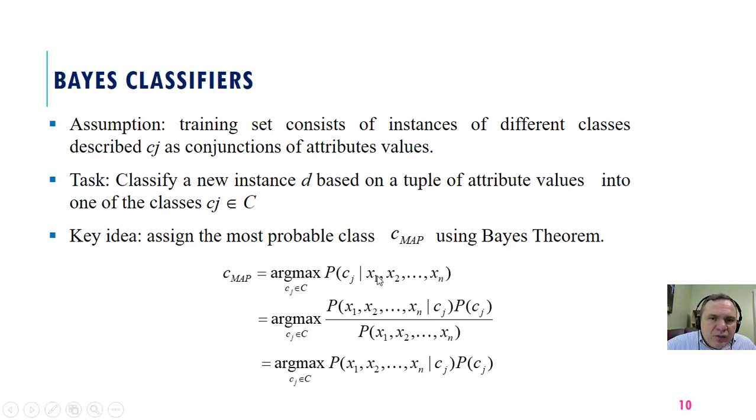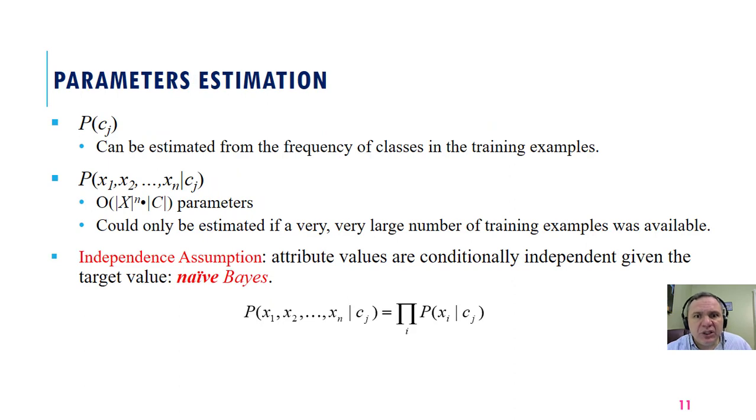This would require a huge amount of data to have enough representation of this whole sequence with CJ, and enough representation of this whole sequence with another class, and so on. This would require a tremendous amount of data that is usually not available, and especially when the number of features is really big, this is simply impossible to have.